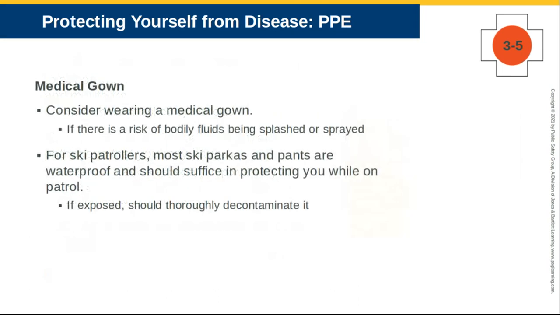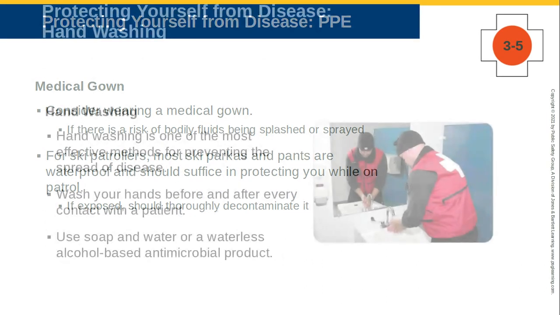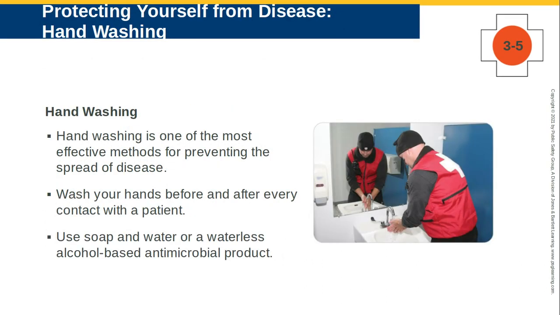The final thing that we might consider is if we're working inside and have a medical gown available, outside, a lot of times we'll rely on the waterproof nature of our outdoor gear to protect us while we're patrolling. And finally, one of the most important things we can pay attention to is hand washing. Hand washing with simple soap and water for 20 seconds, as recommended by the CDC, can prevent the spread of disease.